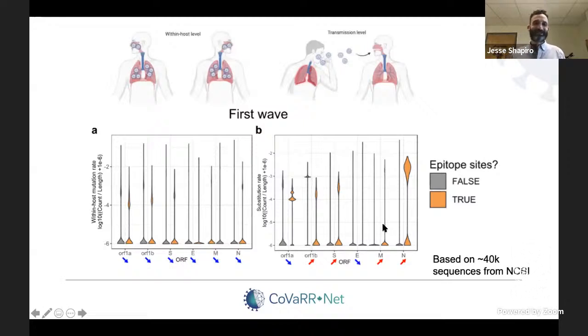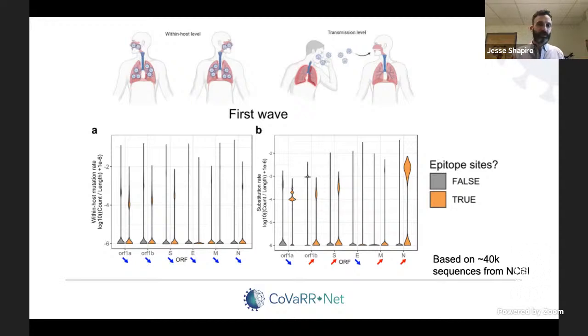We did something very similar for SARS-CoV-2: on the left at the within-host level, on the right at the transmission level, meaning looking at consensus sequence. This is broken down by the 6 major coding regions of the SARS-CoV-2 genome. In orange is whether it's an epitope site in that gene, and gray if it is not an epitope site.